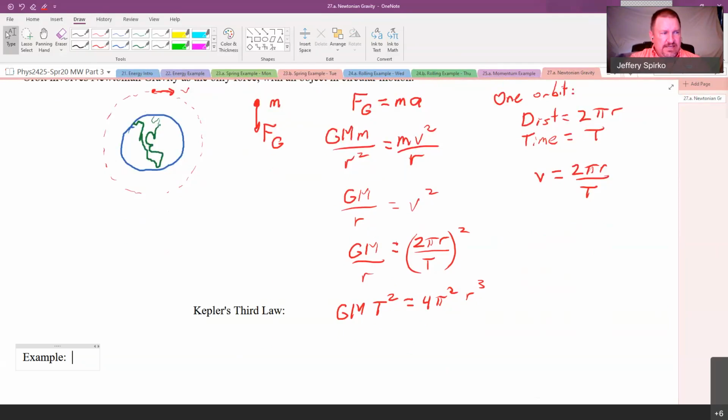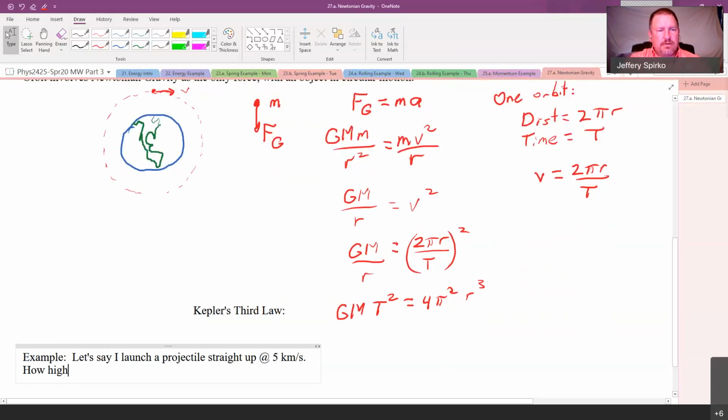Today's example is I'm going to launch a projectile straight up at 5 kilometers per second. And I want to know how high will it go.